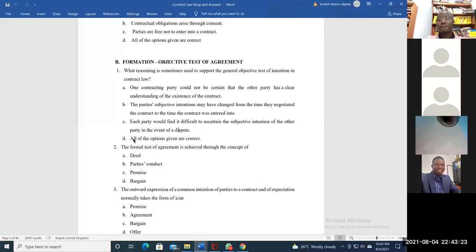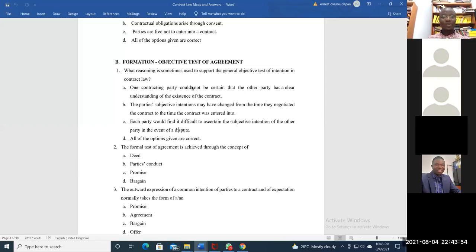What the reasonable man will construe the meaning to be is what will suffice to be the objective test. So I think the reason behind the objective test is not to get what you were thinking when you were entering into the contract, but what your conduct will be perceived to mean. And I think that's why I will go for C. All right. Okay. Thank you.